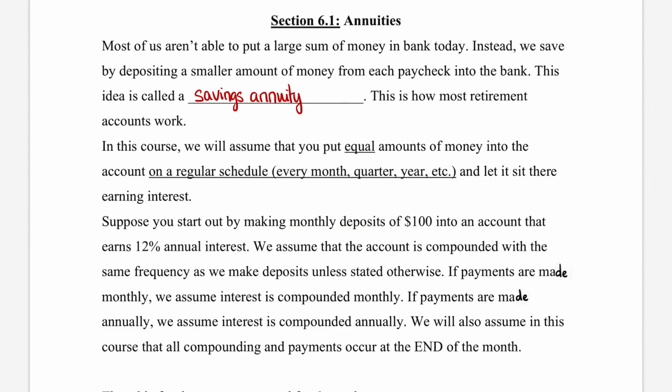We start out by making monthly deposits of $100 into an account that pays 12% annual interest.